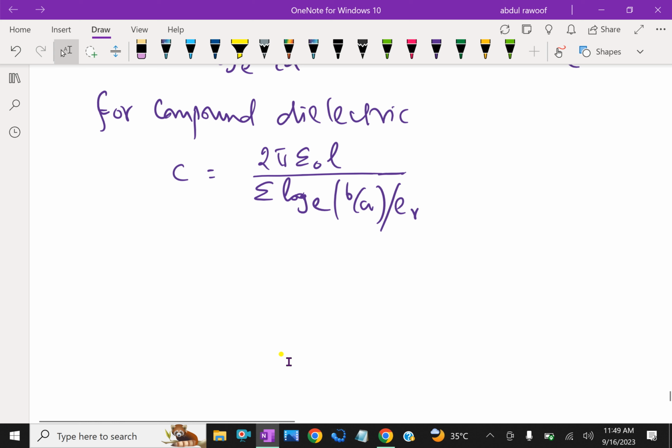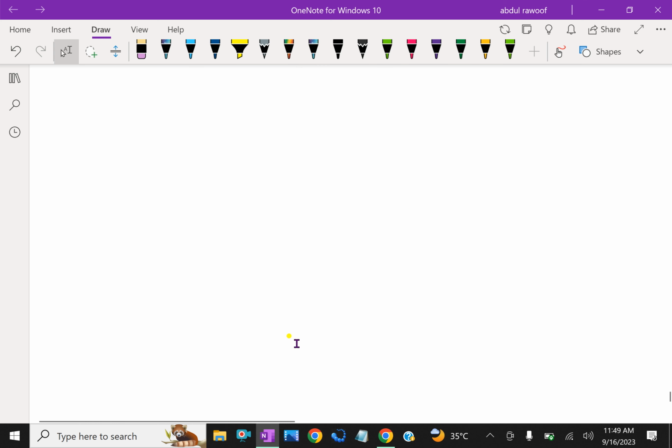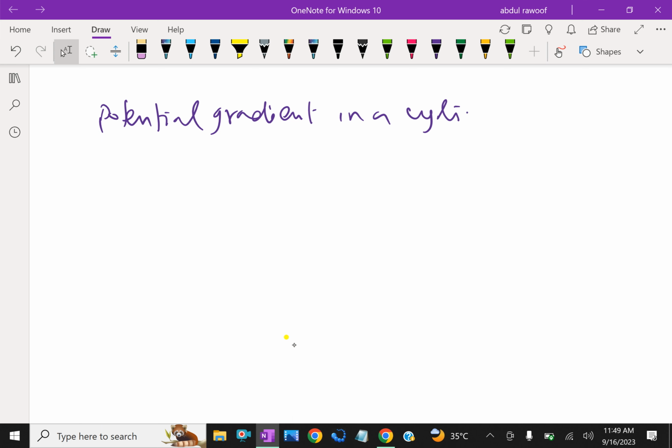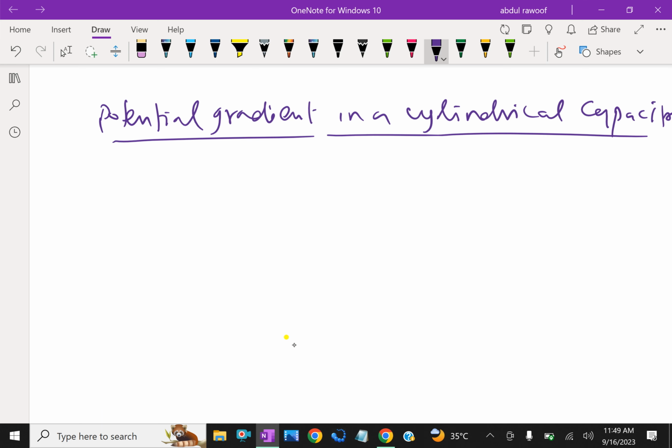Now next, potential gradient in a cylindrical capacitor. Here we'll find the potential gradient in a cylindrical capacitor.